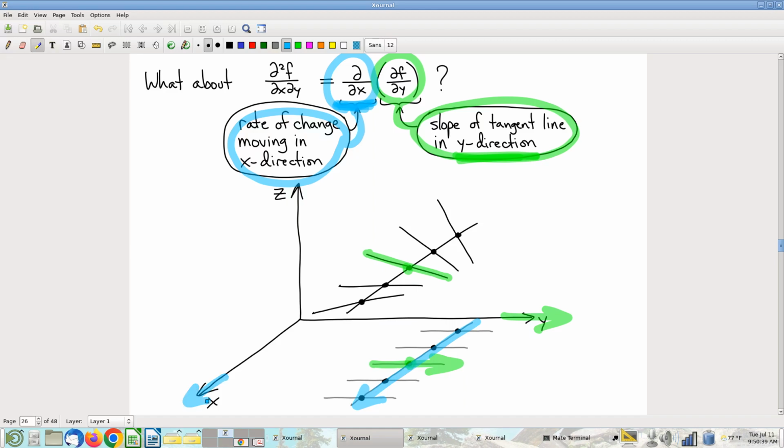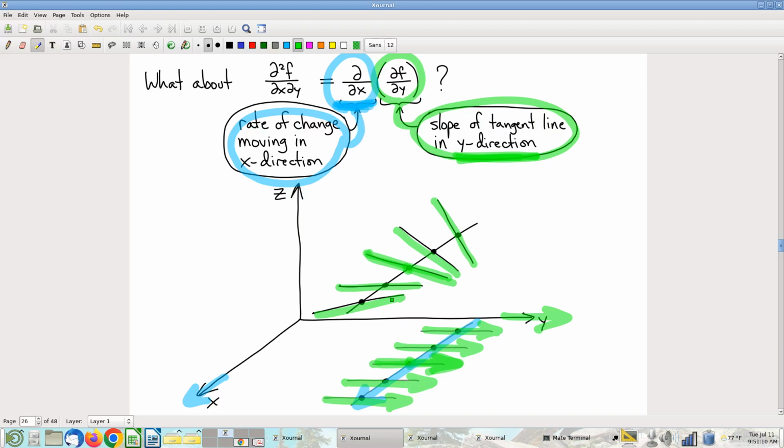So I'm going to look at, for example, what is the slope of the tangent line in the y direction there, and then I'm going to start moving in the x direction and see how those y slopes change as I move in the x direction. And so you see here, each one of these tangent lines that I have here is in the y direction, but I get from the one to the other by moving in the x direction.